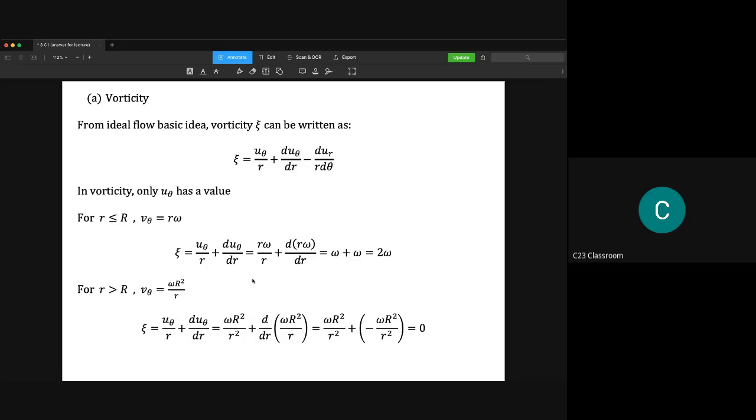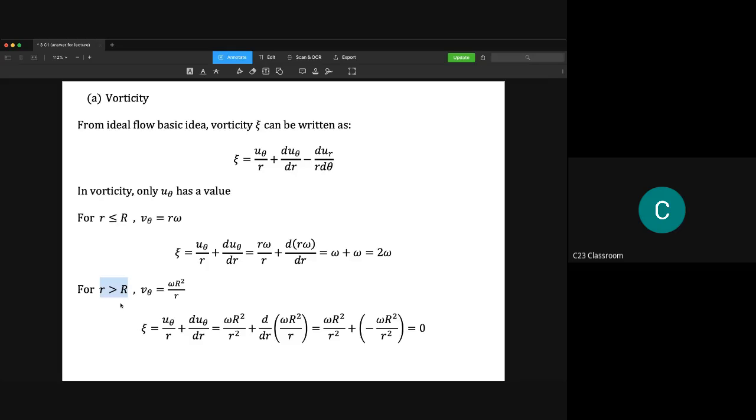And if r is bigger than R, v theta is omega R square over r, and when we substitute in the equation, we get the vorticity equal to 0. So what is the meaning of r being bigger than capital R?